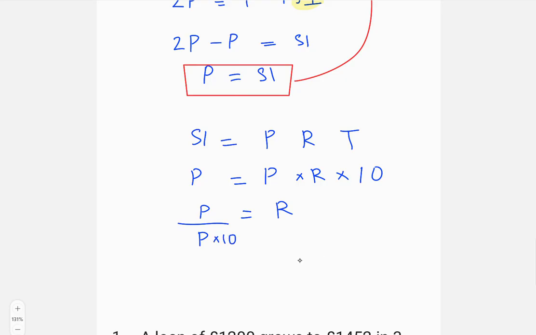So now you can see that we are left with P over P multiply 10. These are multiplying and these are dividing, right? So you can cancel out this P with this P, and you're left with 1 over 10 with the rate R. Now you're going to just change it into a percentage by multiplying it with 100, and it's going to be 10%. The rate is 10%.